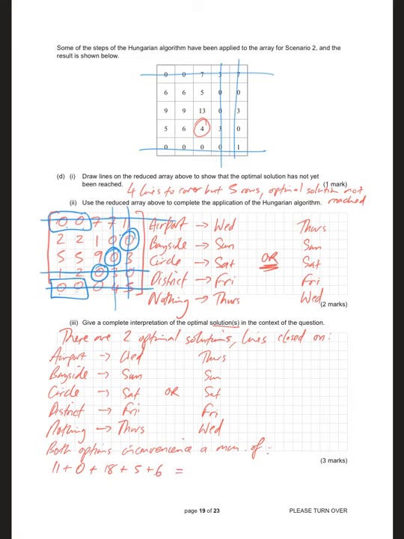Or the other situation, it could be 0 plus 11 plus 18 plus 5 plus 6. What do these add up to? 11 plus 0 plus 18 plus 5 plus 6. 40. That's going to be the same. Therefore, 40,000 passengers. So 40,000 passengers at minimum are going to be inconvenienced with both solutions. That's that question done.